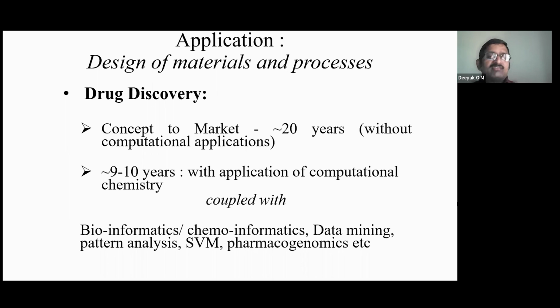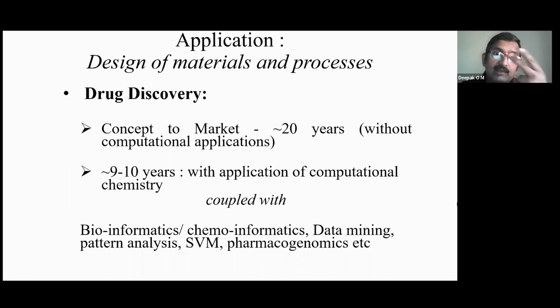The supporting domains of computational chemistry are bioinformatics, chemoinformatics, machine learning, that is artificial intelligence, support vector machine, pharmacogenomics. All these domains contribute a lot to pure computational chemistry in the drug discovery process. This is one of the applications which I wanted to tell you, because in recent times we have experienced this in connection with COVID.